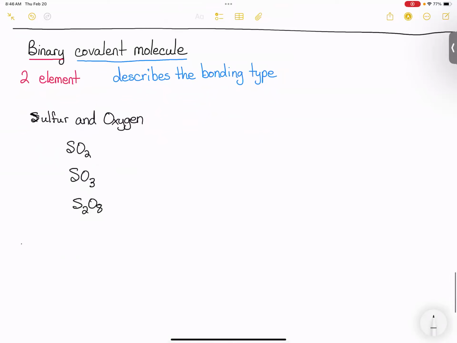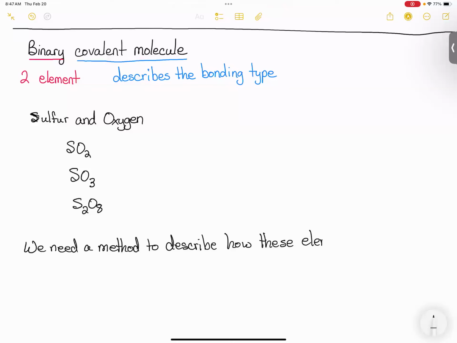So we need a method to describe how these elements have combined. And what I mean by how is I mean the specific ratio.